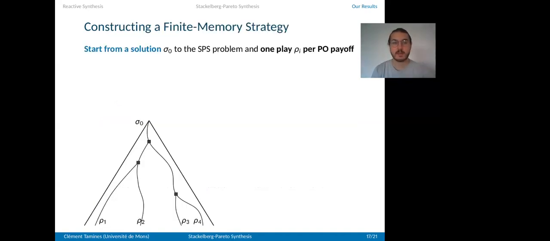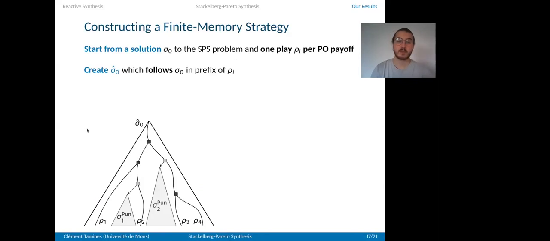I'll now try to give the intuition of why finite memory strategies with an exponential size are sufficient. So we start from a solution sigma 0 to the Stackelberg Pareto synthesis problem, and one play rho i per Pareto optimal payoff. So for each of the Pareto optimal payoffs, we identify one play which realizes that payoff. In this case, there are 4 payoffs, so there are 4 such plays. Then we create a strategy sigma 0 hat, which follows sigma 0 in the prefix of these plays.